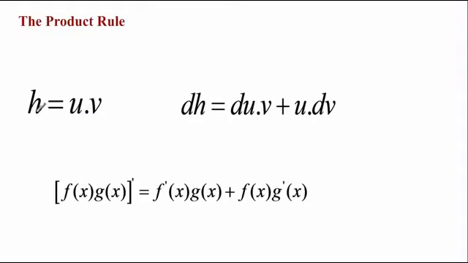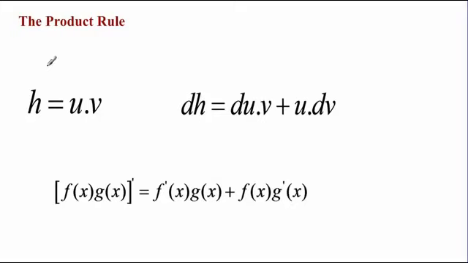To find the derivative of h, we take the derivative of u multiplied by v, plus u multiplied by the derivative of v. Or in other terms, if you've got f of x multiplied by g of x, the derivative is f prime multiplied by g plus f multiplied by g prime.